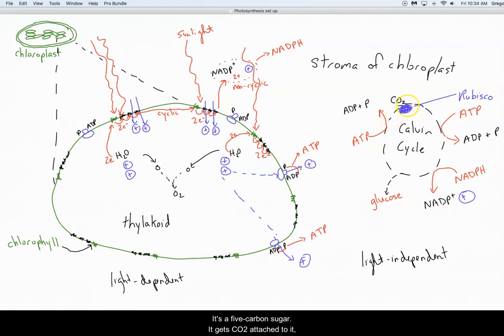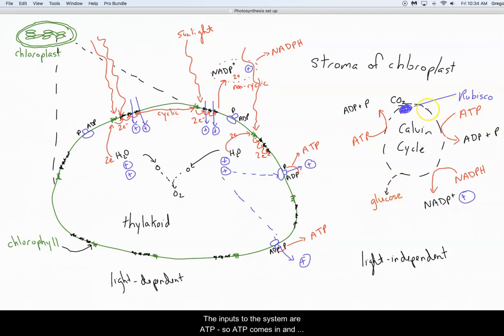It gets CO2 attached to it, so then it becomes a 6-carbon sugar, but it's unstable, so it breaks apart into 2 3-carbons. And then those are processed through the cycle to generate another 5-carbon up here to go through the cycle again, but also a 3-carbon that can go down into another process that will grab a couple of those 3-carbon sugars and snap them together in glucose.